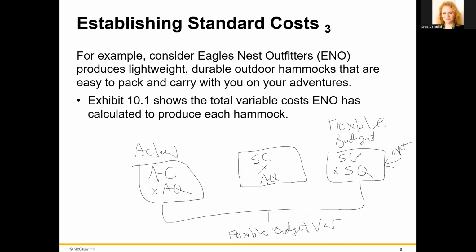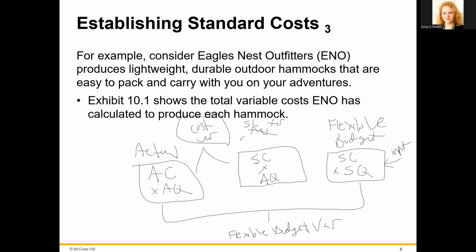Then if we take our standard cost and we multiply it times the actual quantity, we can then figure out the difference between these two right here. So the actual cost and the standard cost for the actual quantity. This difference right here is your cost variance, okay?